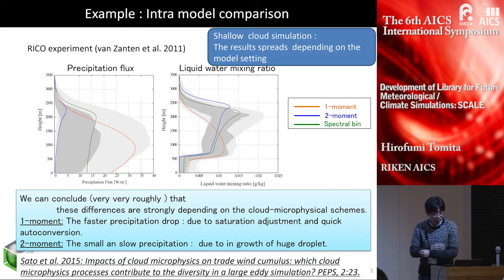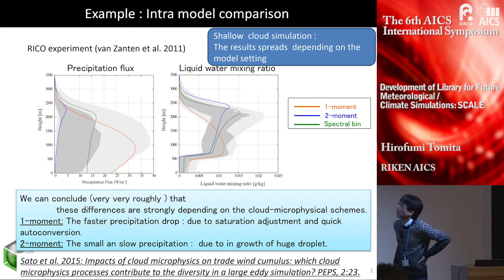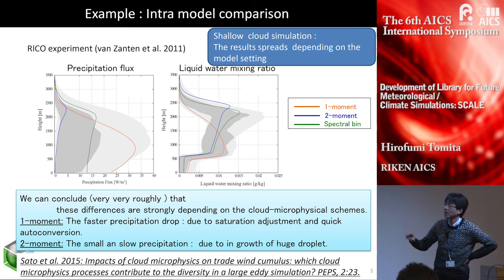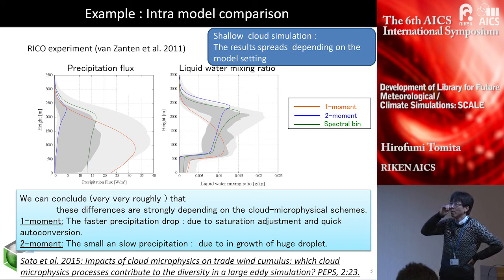This is an example of intra-model comparison, a simulation based on the RICO experiment. That is a very famous international intercomparison focusing on shallow cloud. Shallow cloud is a very naive cloud, yet many meteorologists agree that the results spread depending on the model setting.